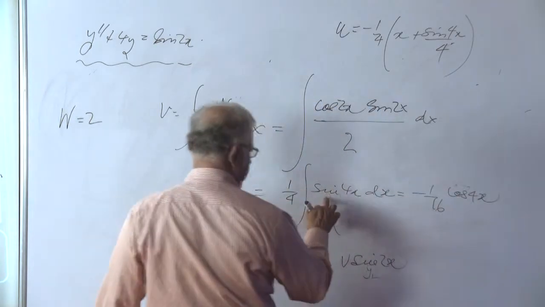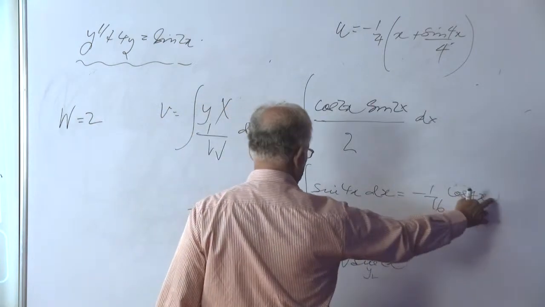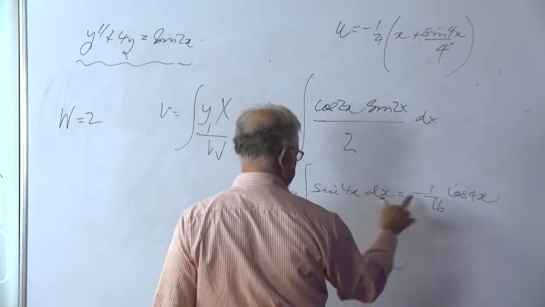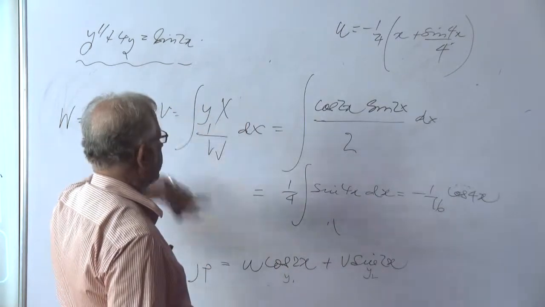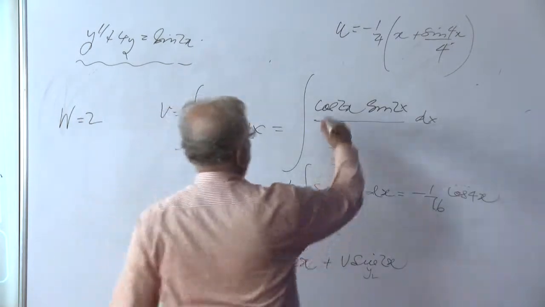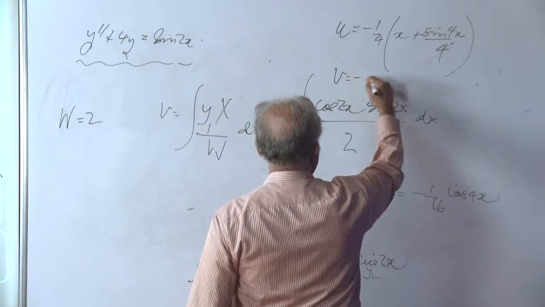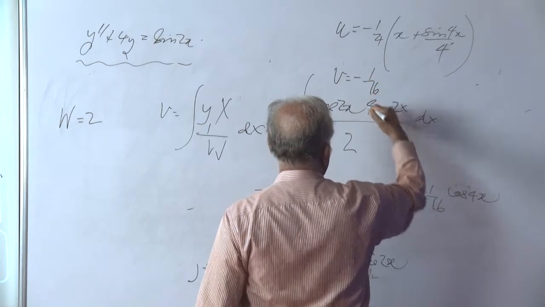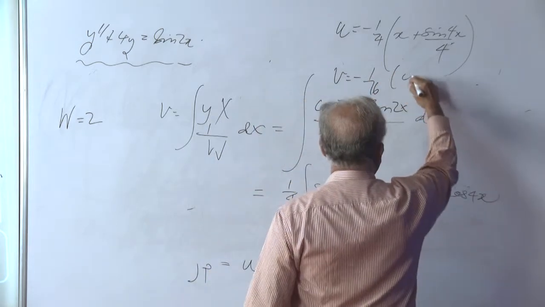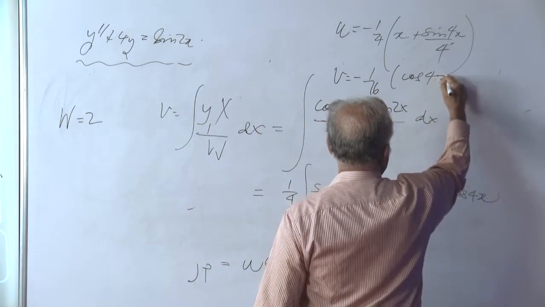Sine 4x will integrate to minus cos 4x over 4, and this 4 with the other 4 will give you minus 1 by 16 cos 4x as the value of v. So v is equal to minus 1 by 16 cos 4x.